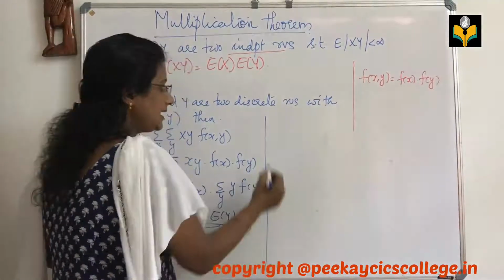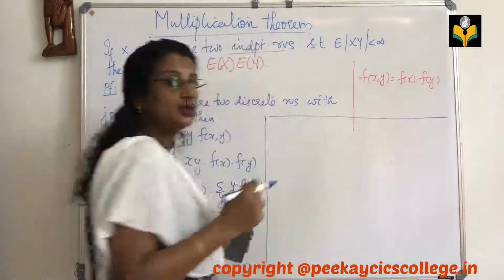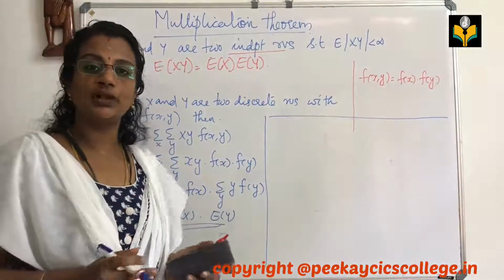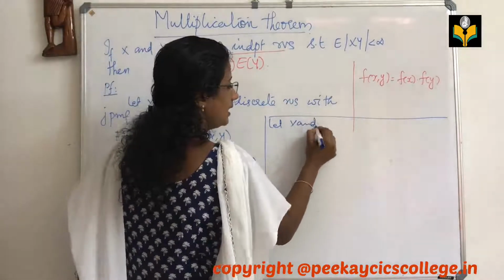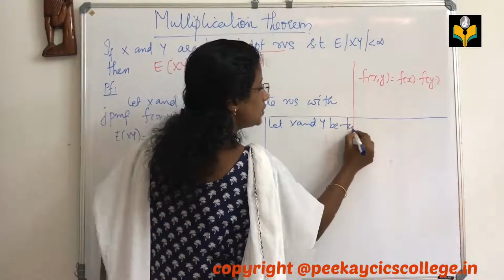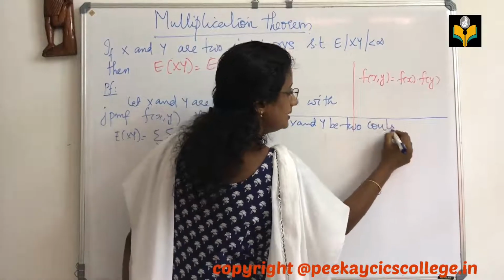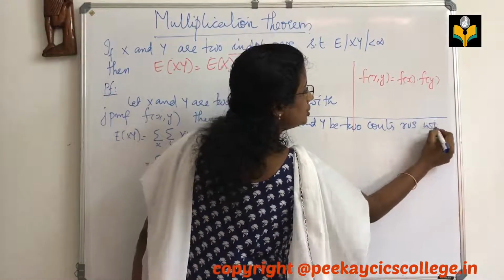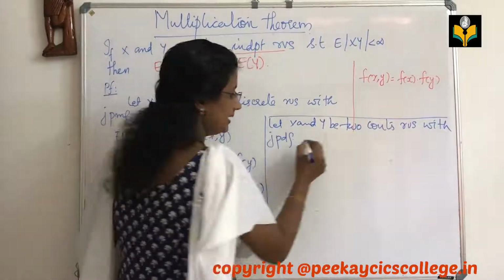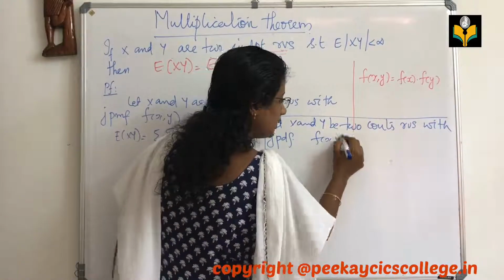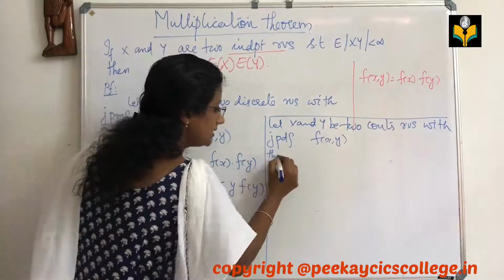Next we take X and Y to be two continuous random variables with the joint PDF f of xy. Then what's the definition?